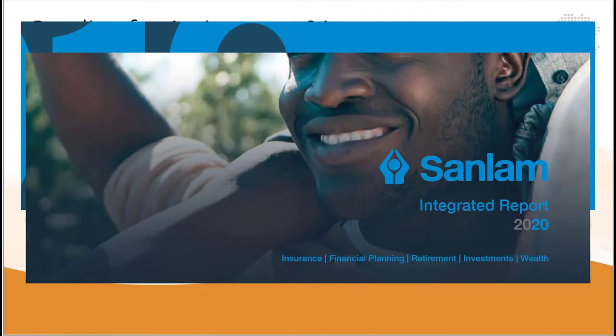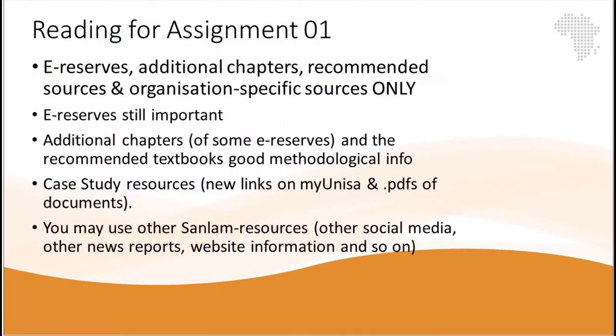And then, so for assignment 2, then you can use the e-reserves, the additional sources from those e-reserve chapters, and the recommended sources, and then the Sanlam specific resources indicated in the case study and otherwise related to the Sanlam Foundation organization itself. However, you may still not use any sources outside of the module sources for any theoretical, philosophical, or methodological information.